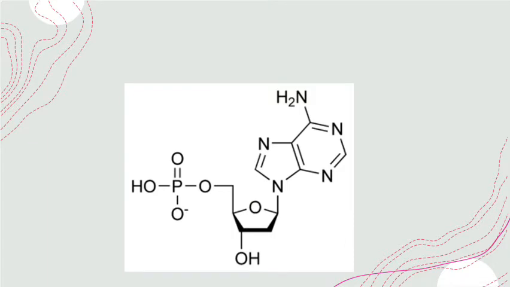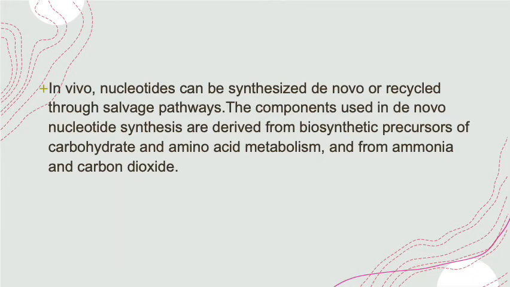Alright, and then I wanted to show you guys this structure. This is something that's going to play a role in these processes that we are talking about today. So in vivo, nucleotides are going to be synthesized de novo, or recycled through different pathways, okay?